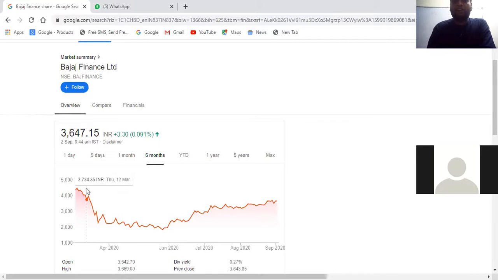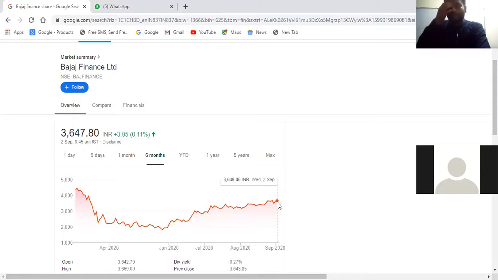Then this is the chart of the Bajaj Finance. See here what happens. Okay, it came to 2000. What was the low? 2266. And then it went up, then came down again, then again. Look here, 1829 came in June. And it has doubled its share value.